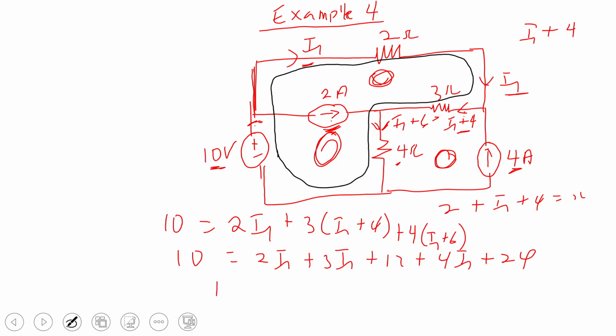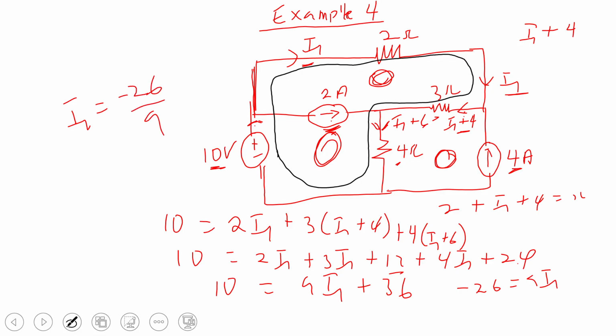This will lead me to having 2I1 plus 3I1, that is 5, plus 4I1, so I will get 9I1, and 12 plus 24 will give me 36. So I can see that this will become minus 26 equal to 9I1, and my I1 is equal to minus 26 over 9.